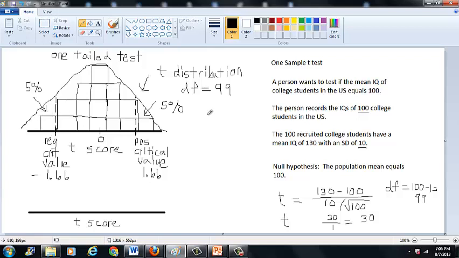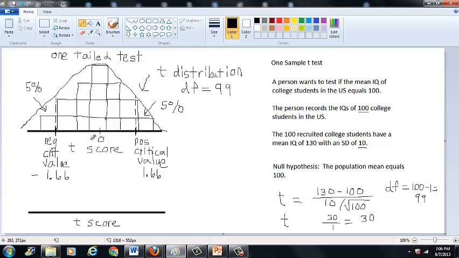In a one-tailed test, before the study is done, before the data is collected, the person predicts, or at least has an idea about, whether they're going to end up with a positive t-score or a negative t-score.